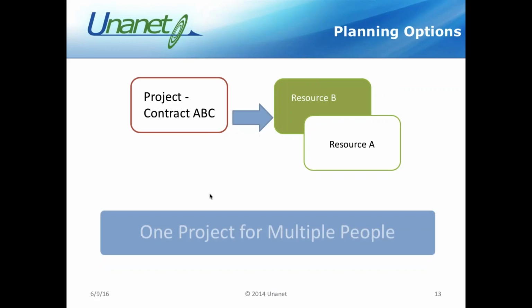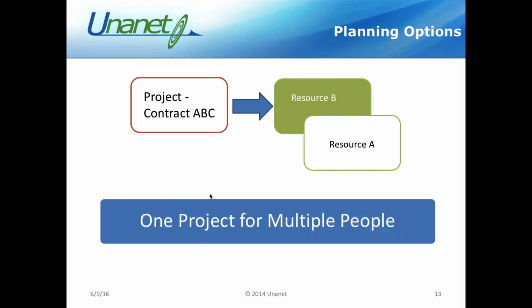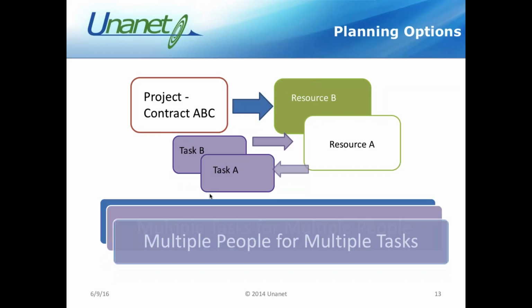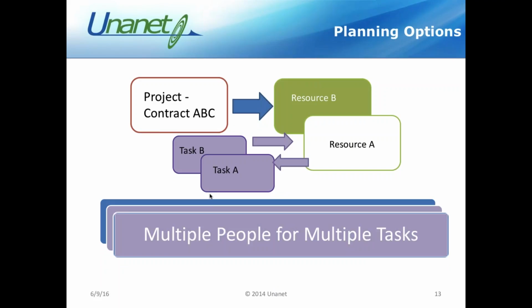So you could plan one project for those multiple people, or you have the option, if you have a work breakdown structure with tasks identified on that project, to plan for those multiple tasks for those multiple people. So hopefully you're following along here. Now you can also plan multiple people for those tasks, and I'll show you the difference of what the planning grid looks like in both of these scenarios.